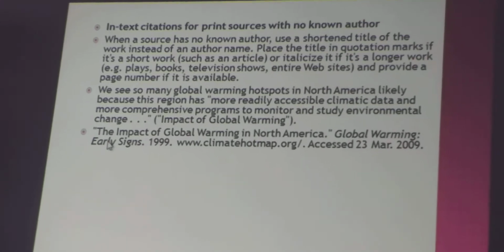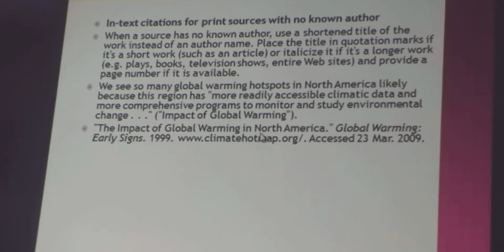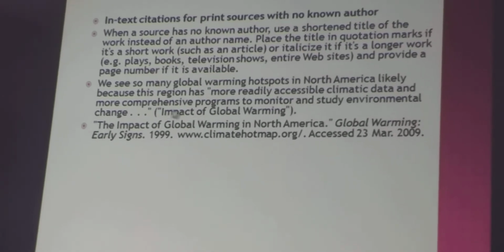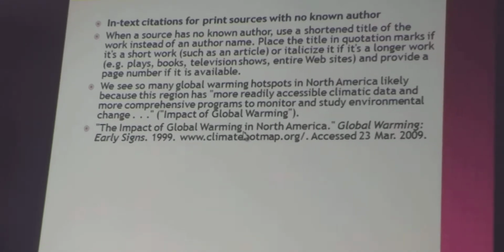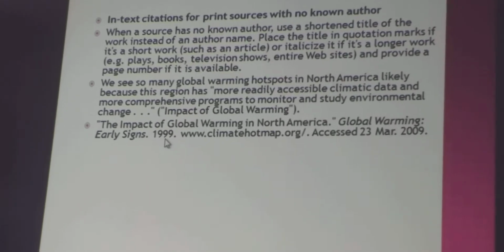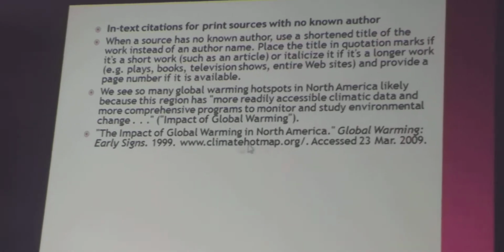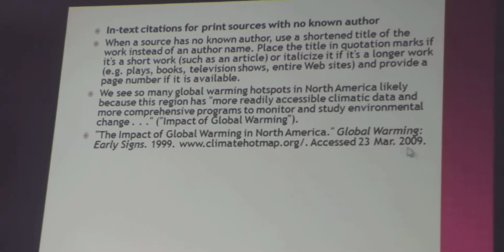Here it is the impact of global warming in North America. So you are not obliged to take the whole title in your in-text, just the first words from the title. And of course in your list, you put the date, and you put the website, to which you can even add retrieved from, and the date of your access.